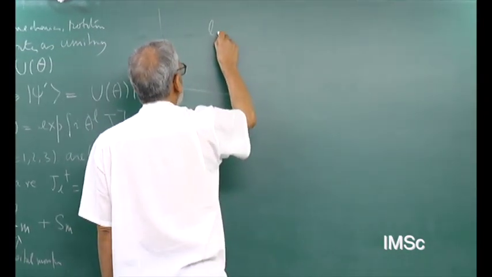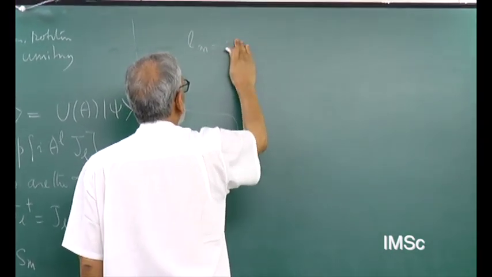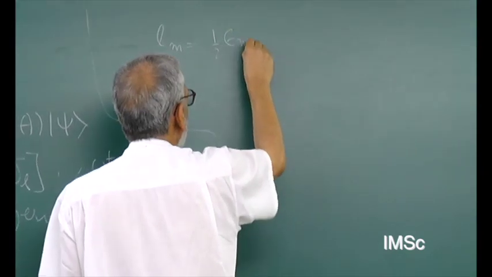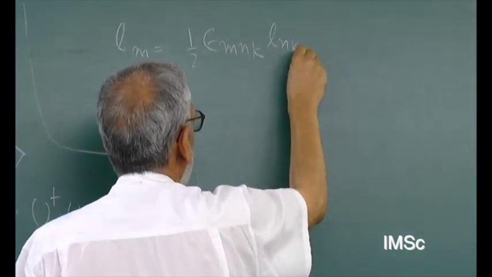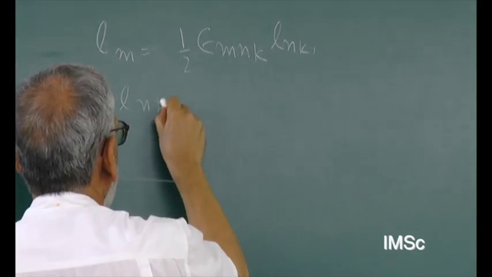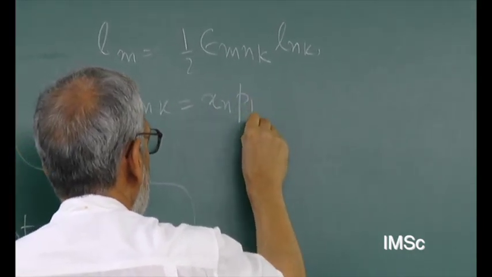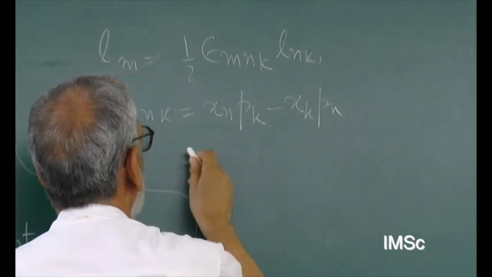Let me write an expression: L_m is half epsilon_mnk L_nk, where L_nk is x_n p_k minus x_k p_n.